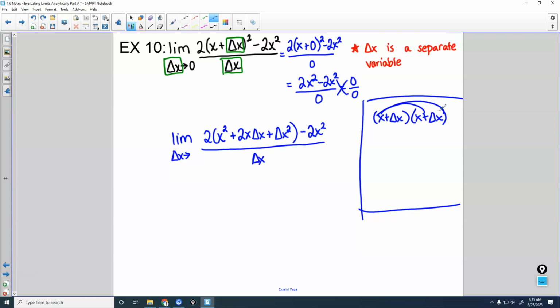All right, we're going to distribute this too. So limit as delta x approaches 0 of 2x squared plus 4x delta x plus 2 times delta x squared minus 2x squared.